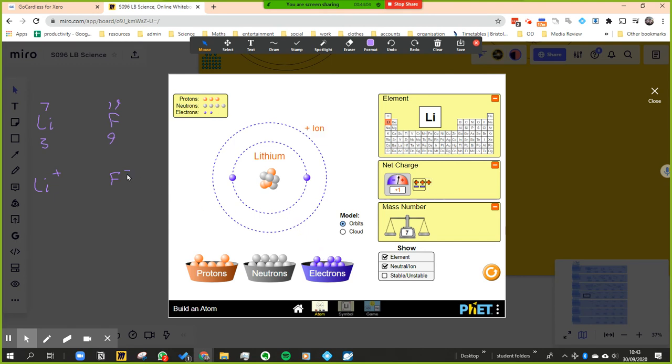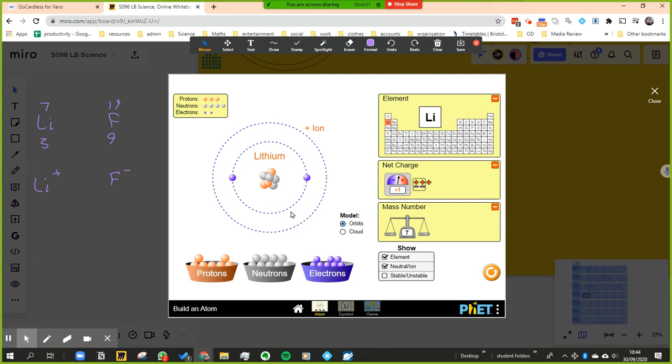So with fluorine, I gave it one electron to fill the outside shell, and with lithium, I took away one electron to make it a full outer shell. So lithium will lose an electron, and fluorine will gain an electron. When lithium loses an electron, it forms a positive charge. And when fluorine gained an electron, it formed a -1 charge.